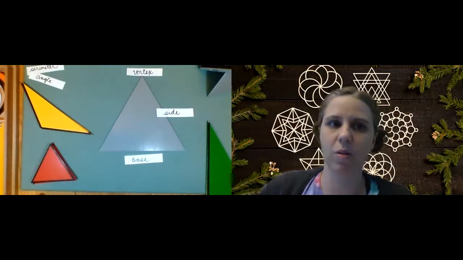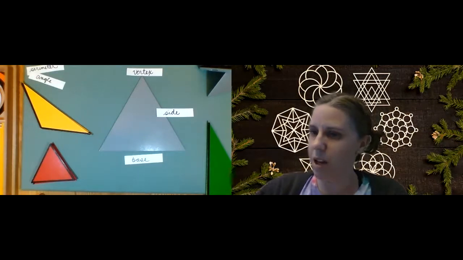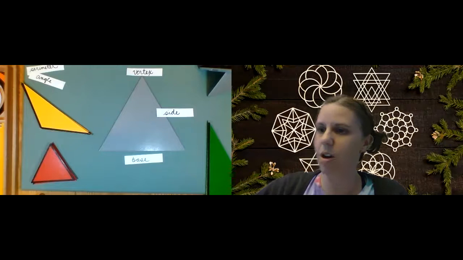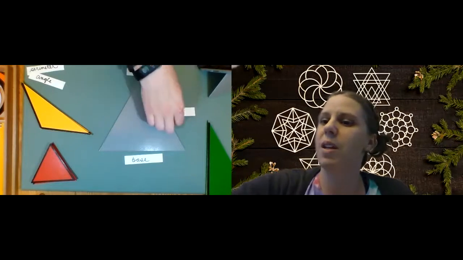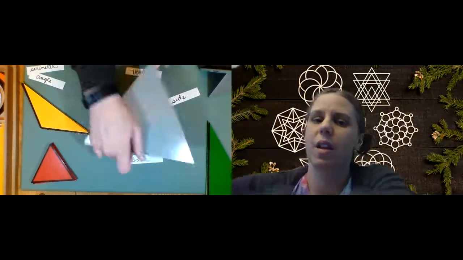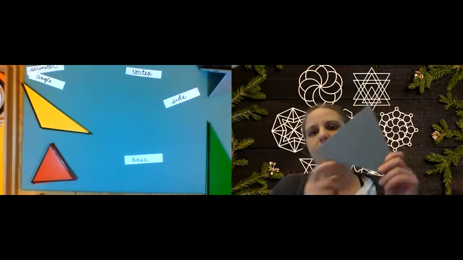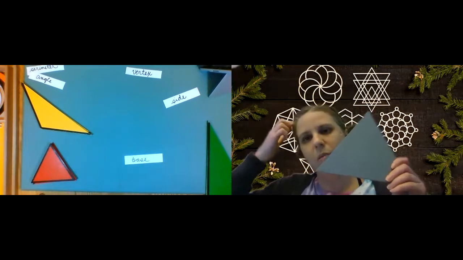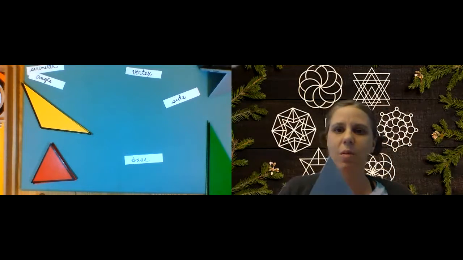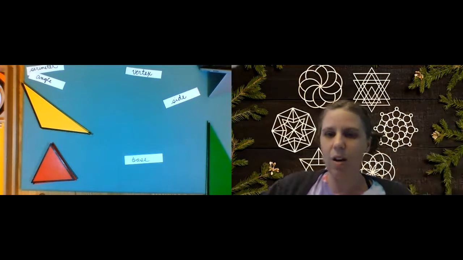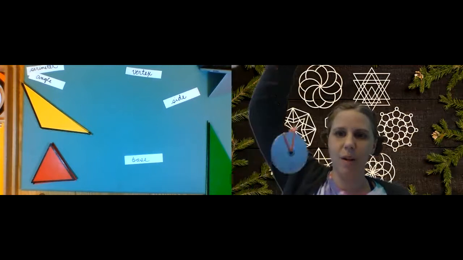I'm going to take off angle and perimeter and set them aside. We know that those words belong here, but I'm going to talk about another word. I'm going to take our triangle and hold it up, and so you'll see it over here. So we've talked about the sides and the base. Now I want to talk about one more measure that's kind of hard to see when we look at this. Here I have our plumb bob that I have in our box of sticks.